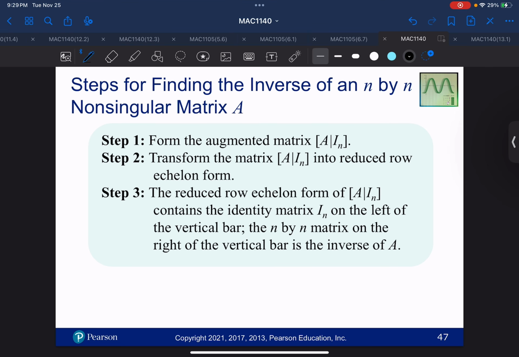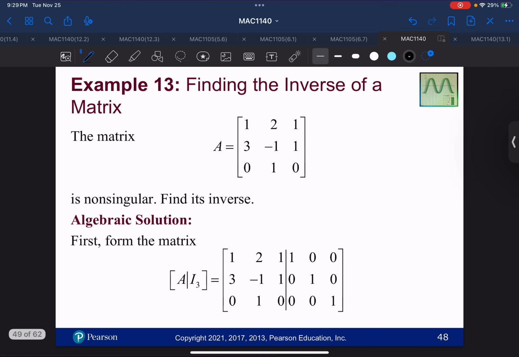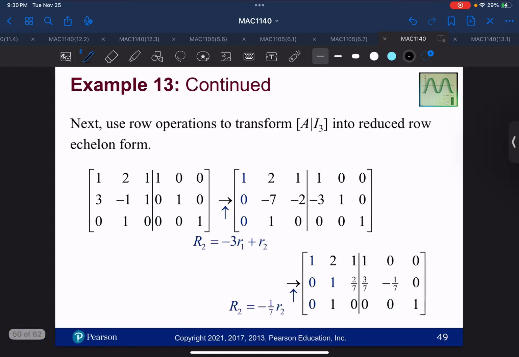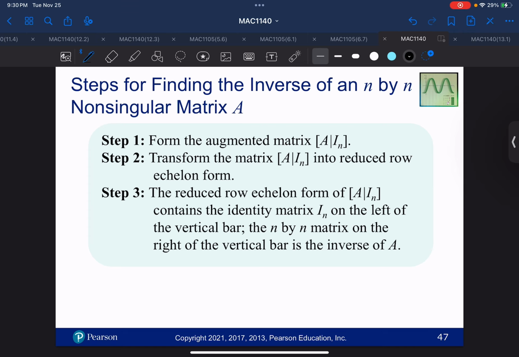I feel like this should say n by m. Oh no, that is n by n. Okay, just making sure.